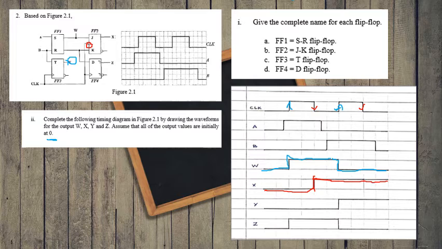So when the T is 0 and the clock is 0, the output will be 0.